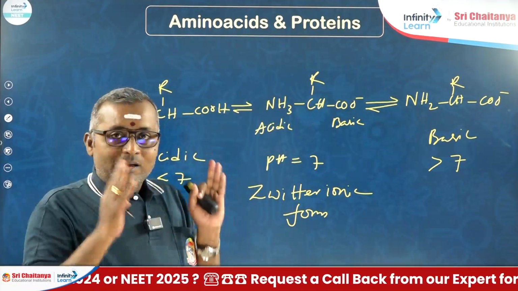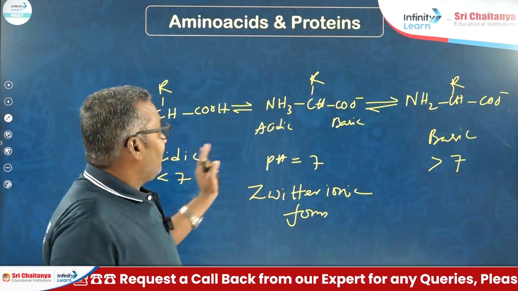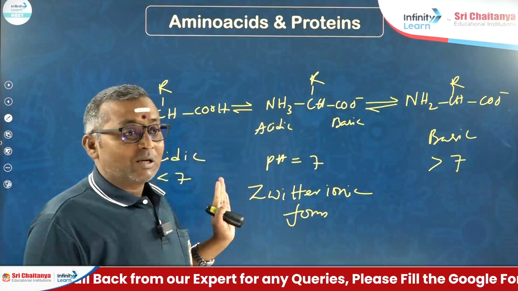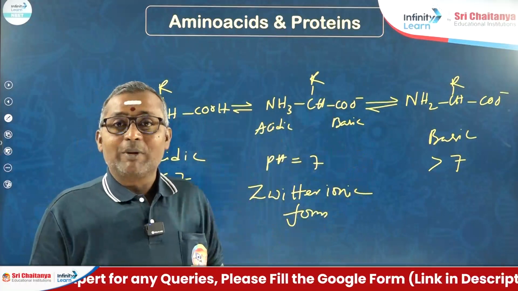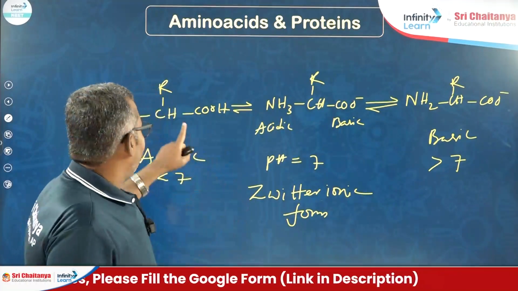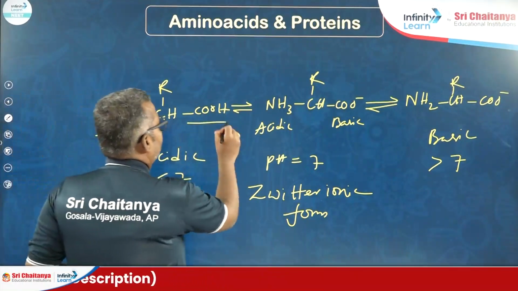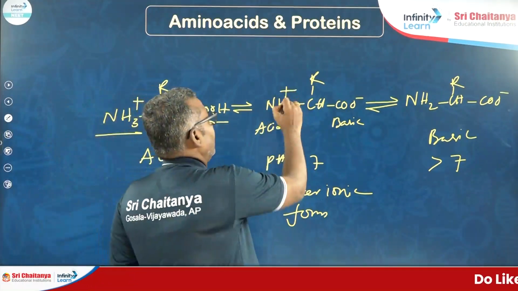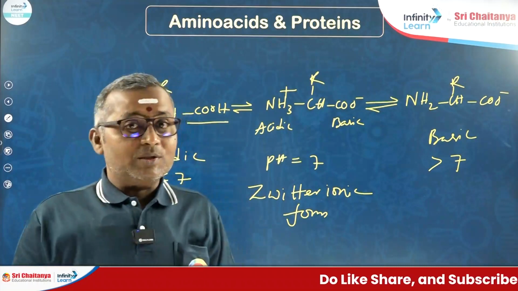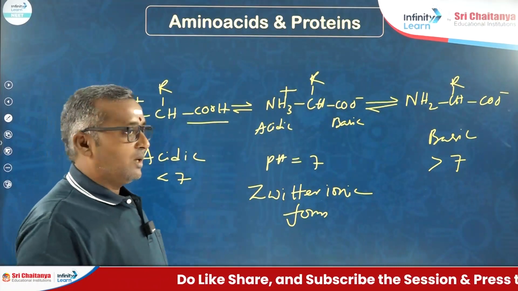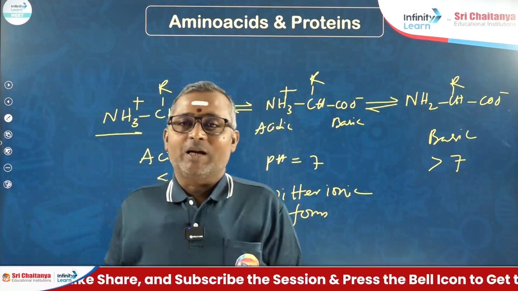Like this, in solutions of different pH, the structure of an amino acid changes because of the ionization ability of the NH3 and COOH groups. So, this is what you can see with regard to the structural details of amino acids.